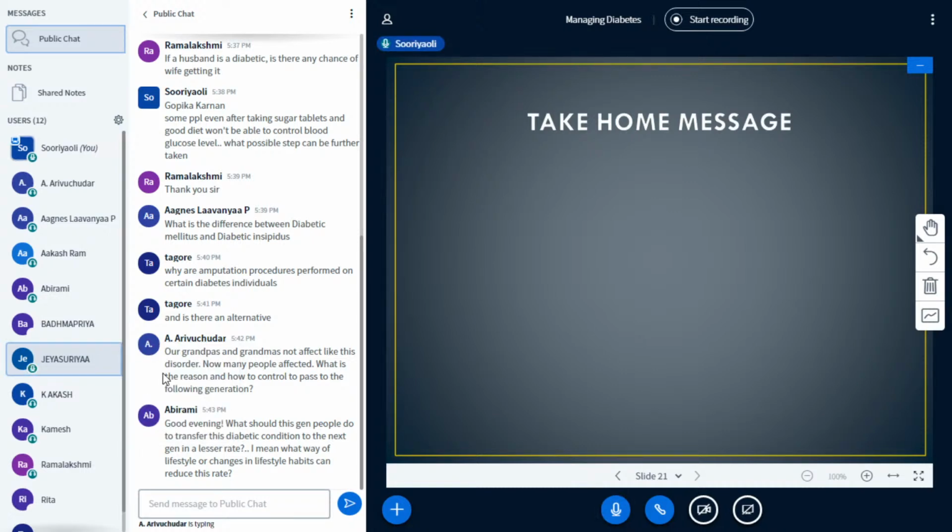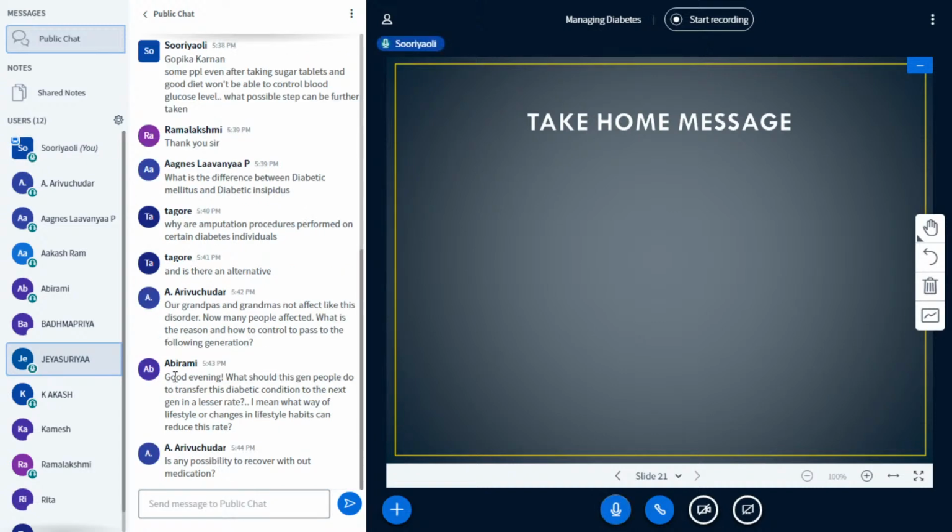Jaisuriya? Probably we couldn't hear you. Your connection shows that you are connected, but we couldn't hear you.